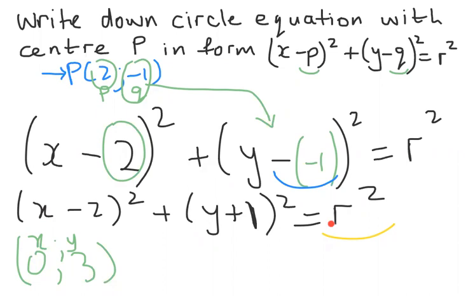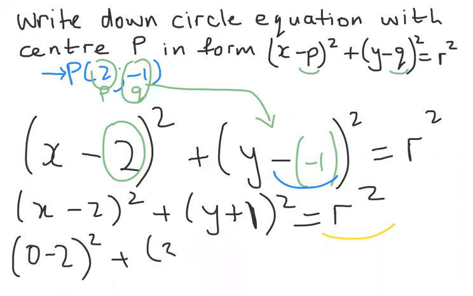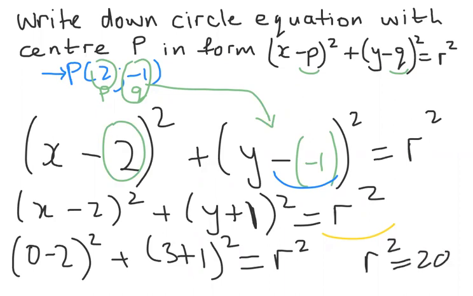So I'm going to take the 0 and the 3, and I'm going to substitute it into here. So wherever you see x, put 0. Wherever you see y, you put a 3. And then you're going to have something like that. And if you work everything out, you will get to r squared equals 20.